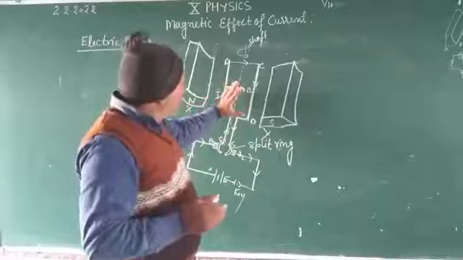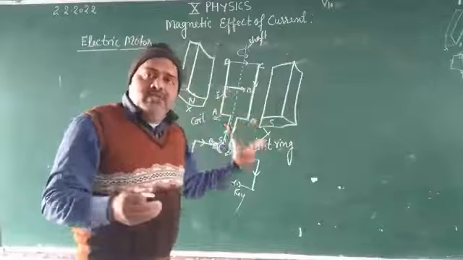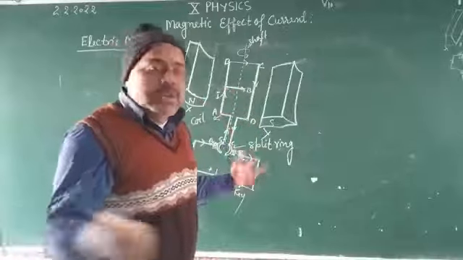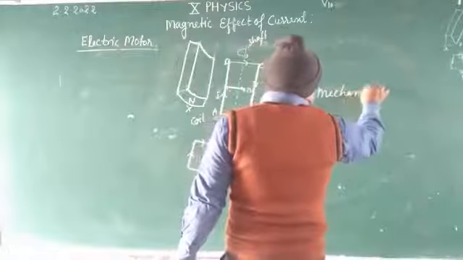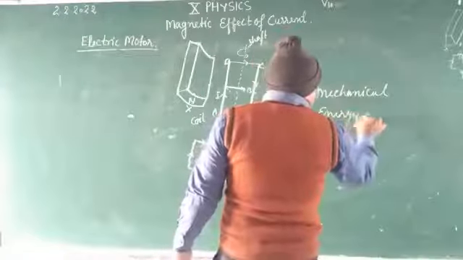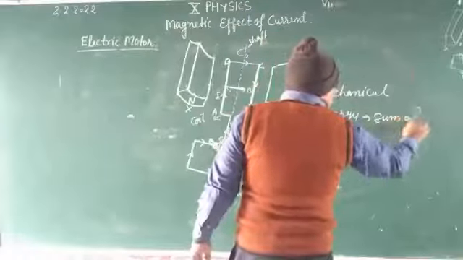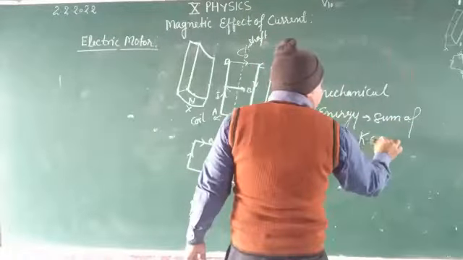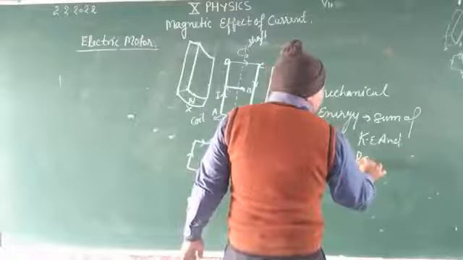Now here the electrical energy converts into mechanical energy, because mechanical energy is the sum of kinetic and potential energy. Here we can see that mechanical energy is equal to the sum of kinetic energy and potential energy.